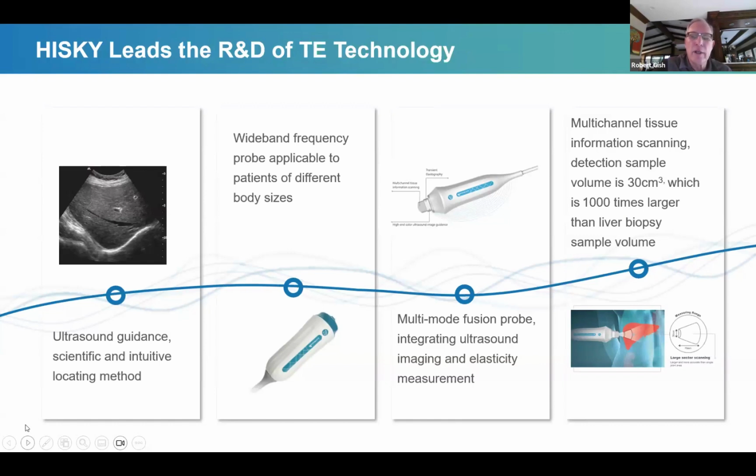PANIS really allows you to get through the amount of tissue that may interfere with the utilization of other smaller or earlier developed probes. This just gives you more information, including multi-channel tissue information scanning and a sample volume of 30 cubic centimeters, about 1,000 times larger than a liver biopsy in that sample volume.